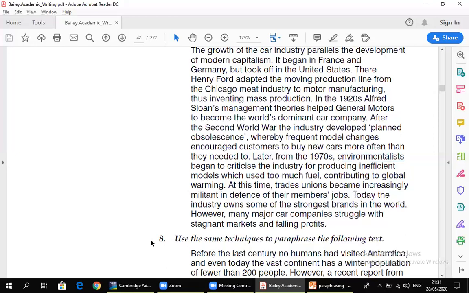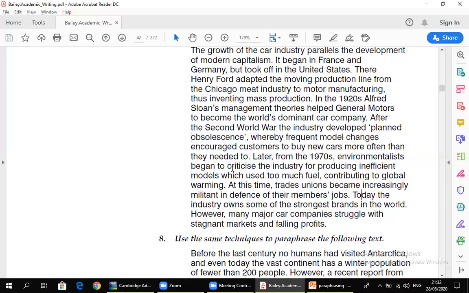We know that it's the people who take care of the environment. So I think maybe ecologist. Exactly, ecologists, bravo, thank you so much. Ecologists began to criticize the industry.